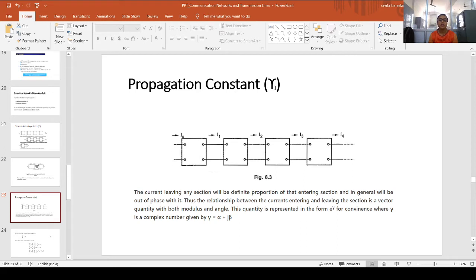In the phase perspective, it is denoted by the phase constant, and how the wave is attenuating along the transmission line is denoted by the attenuation constant. So the propagation constant comprises two constants. The first one is the attenuation constant, and the second is the phase constant.